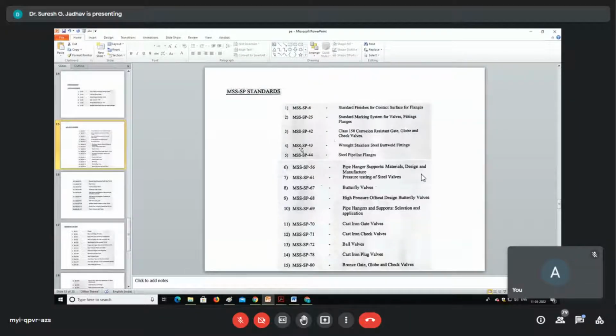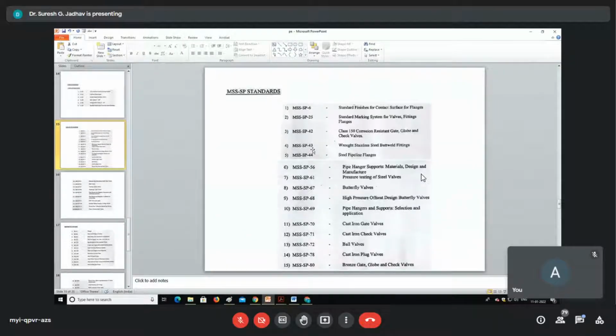The most common MSS-SP standards referred for piping are, see here, MSS-SP-6, standard finishes for contact surface of flange, standard marking system for valves, fittings, flange, MSS-SP-25.